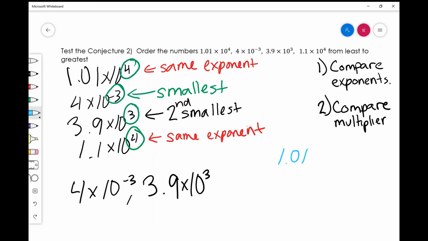In my second value, my multiplier is 1.1. Which is bigger, 1.01 or 1.1? I know that 1.1 is bigger than 1.01, which means that 1.1 times 10 to the 4th is going to be the greatest value.